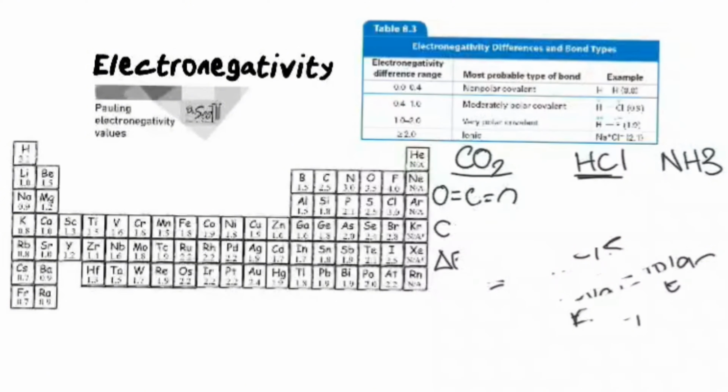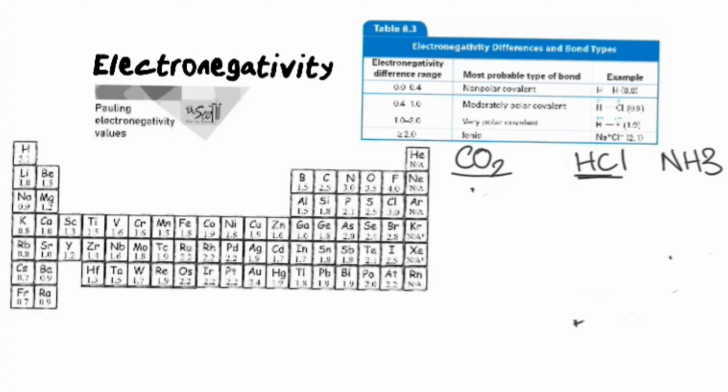So for HCl, which is hydrochloric acid or hydrogen chloride, that's the name, we will do the exact same thing. So we have a hydrogen bonding to a chlorine. The change in EN is equal to, now we look, 3.0 and 2.1.